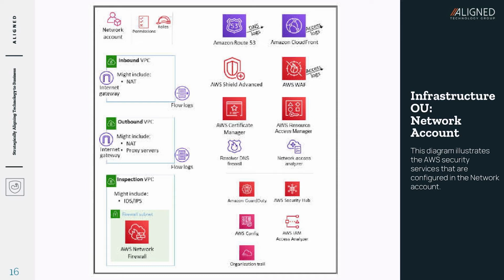I do caution you, though, to understand the cost associated with enabling Shield Advanced. It can get pretty expensive fast. If you subscribe to Shield Advanced, you do get WAF and Firewall Manager, I believe, included. So do consider those trade-offs as well.